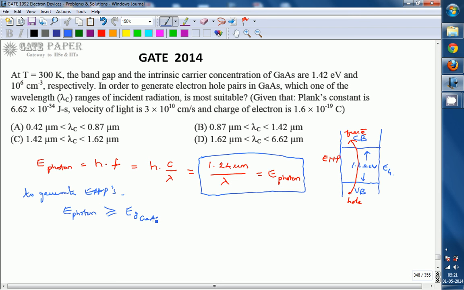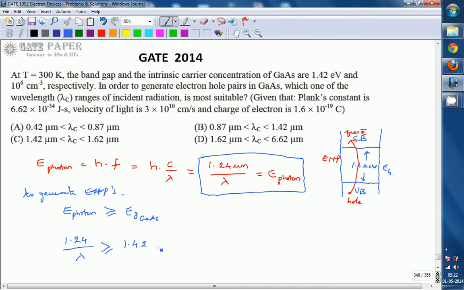To create electron hole pairs in gallium arsenide, the photon energy must be greater than the energy gap of gallium arsenide. So the energy of the photon, 1.24 micrometers divided by lambda, should be greater than or equal to 1.42 electron volts.